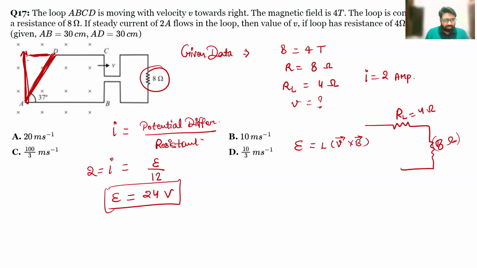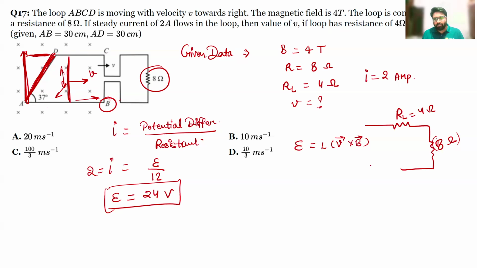When you take this component of the length, it moves with velocity v, and this length is also perpendicular, and B is also perpendicular. So three quantities, B, v, and the length, are mutually perpendicular, and this is not happening for the other cases. If you calculate it for DC or for AB, the length is parallel to v, so in that case it will become 0.